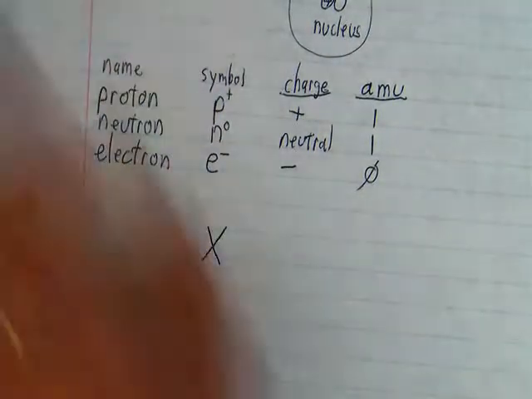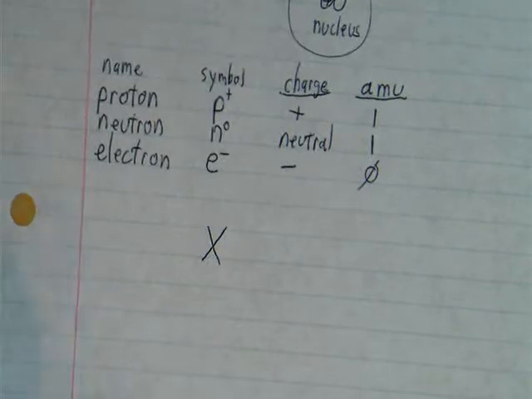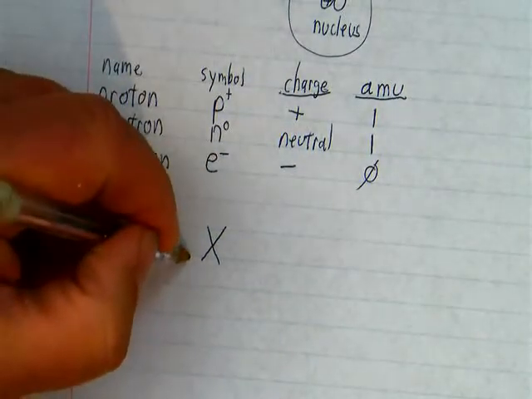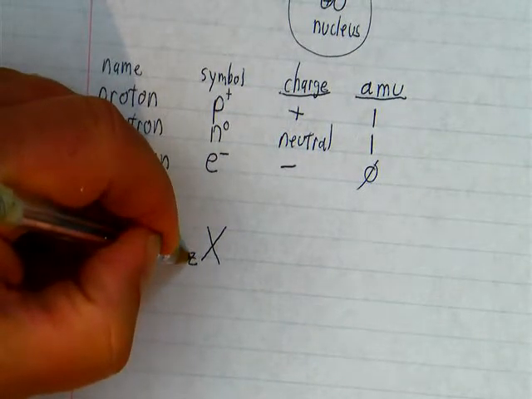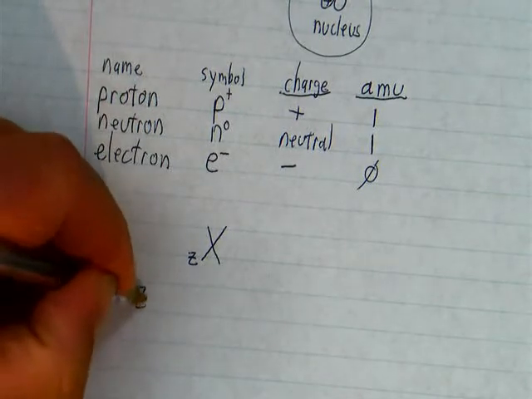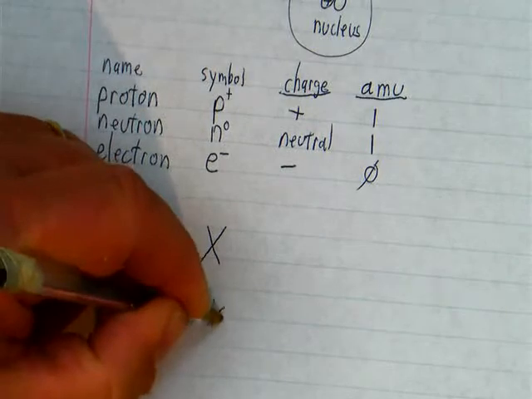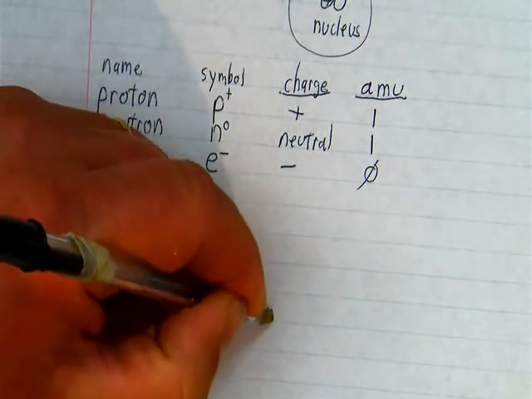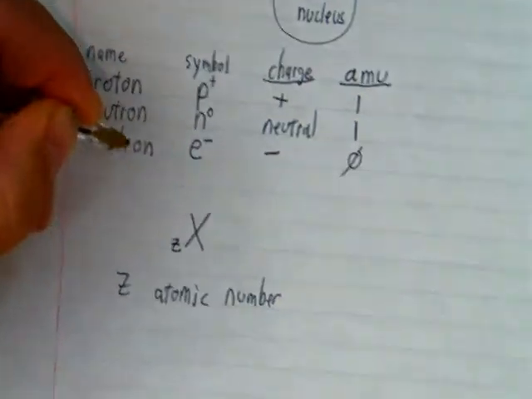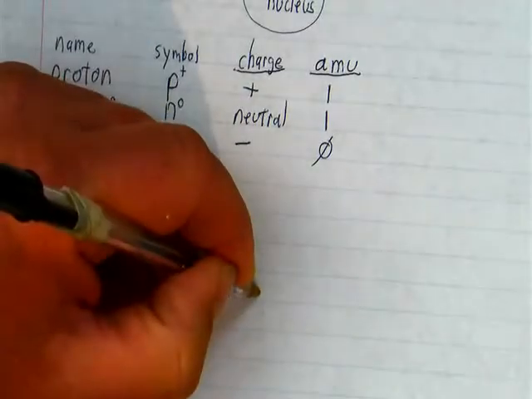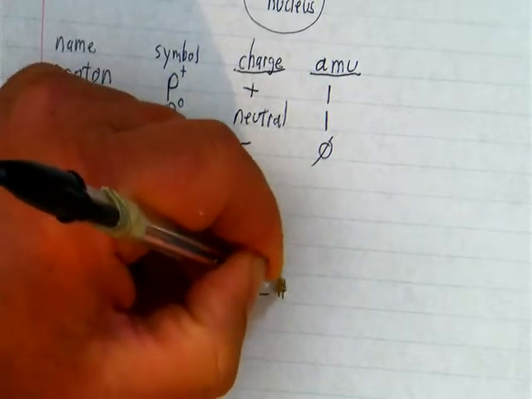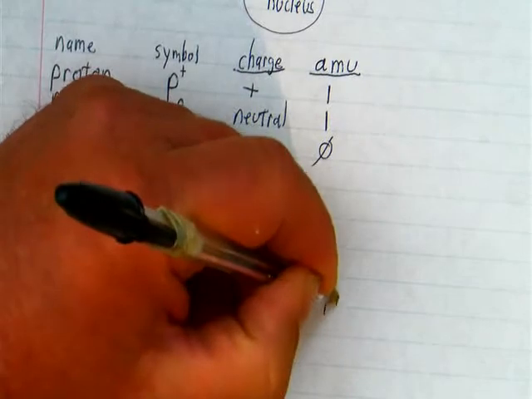It's not xenon, it's just whatever element you want to talk about. The letter Z sometimes is written here, where Z is called the atomic number, and the atomic number is the number of protons.